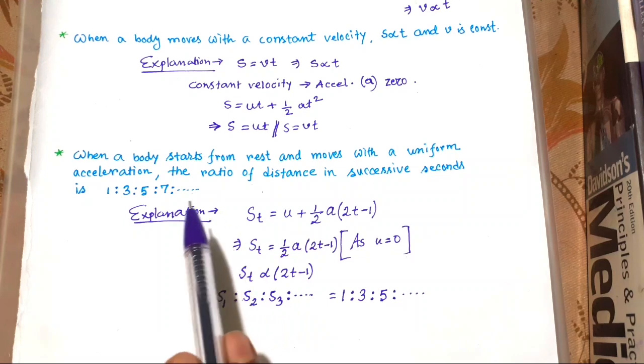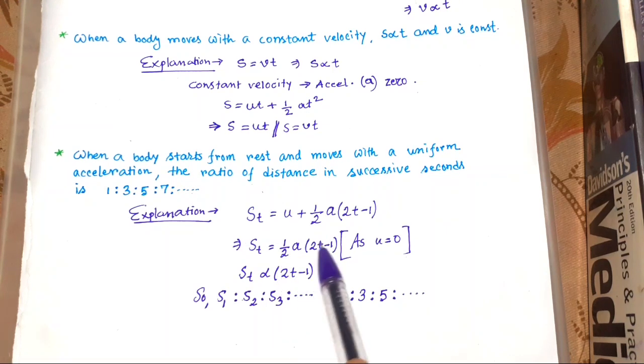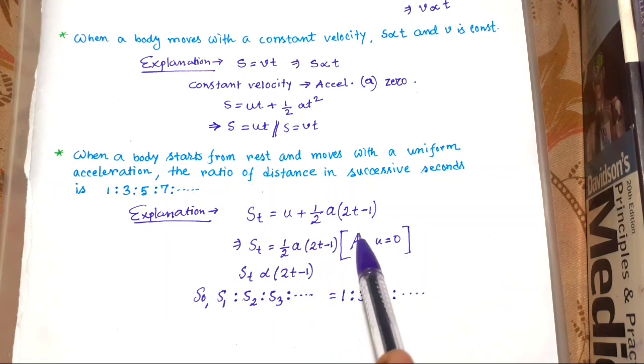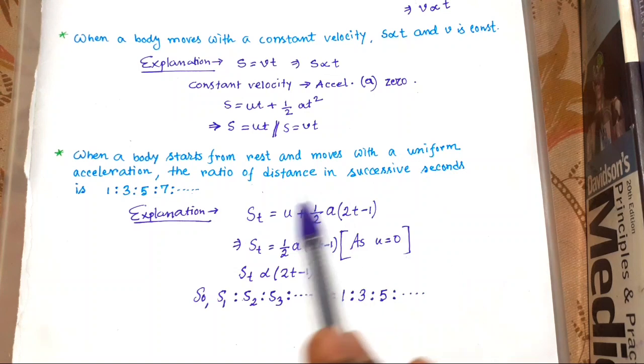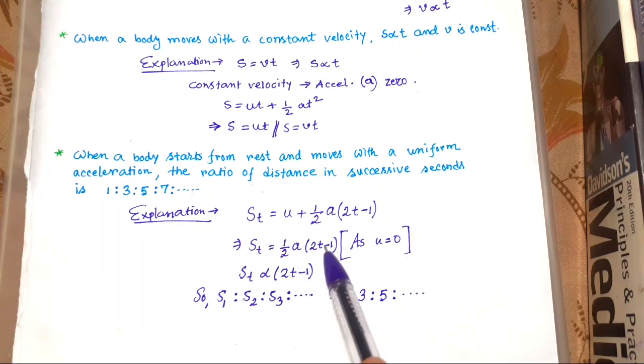So now from rest, that means initial velocity 0, so S_t equals half a into (2t minus 1), and now uniform acceleration, that means a equals constant, so S_t is proportional to 2t minus 1, okay. If we put t equals 1, that means 1.